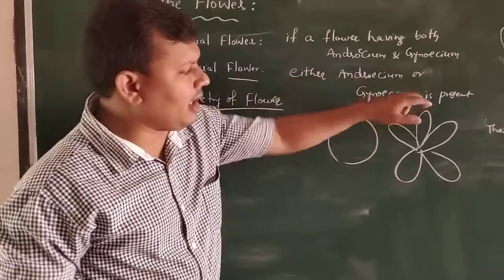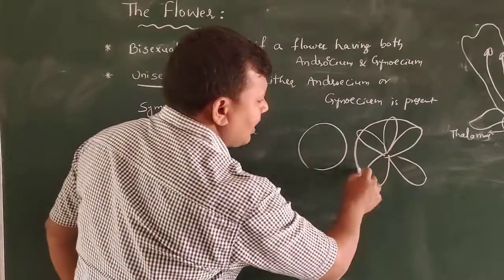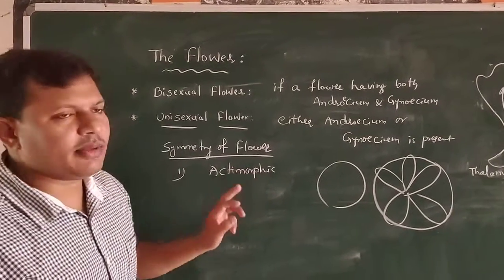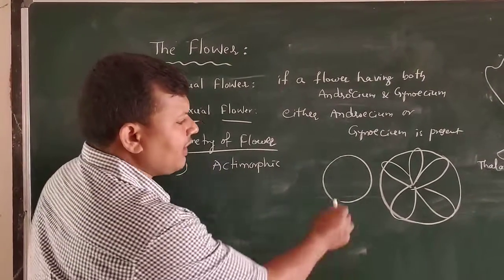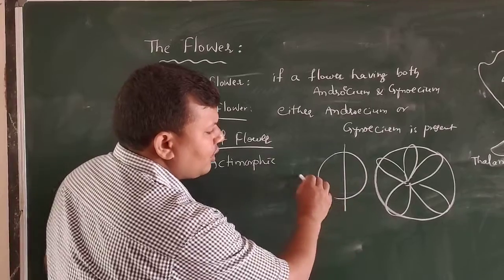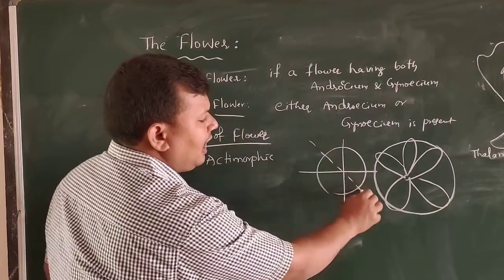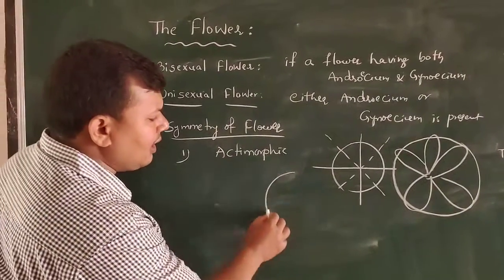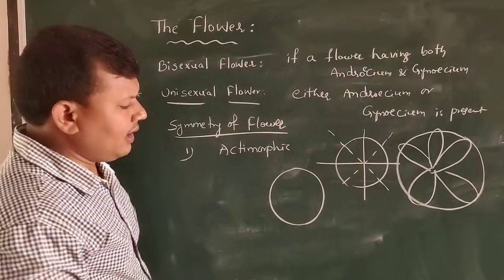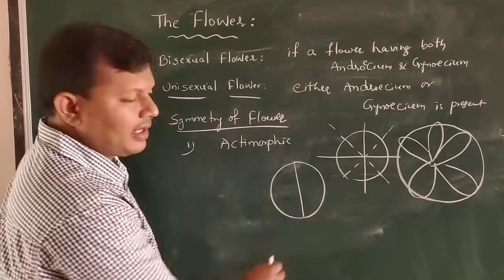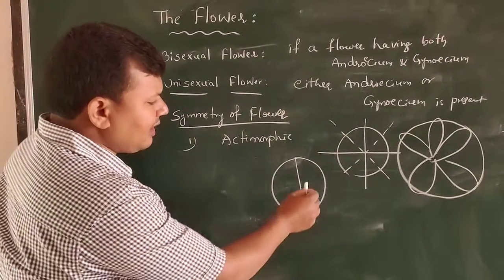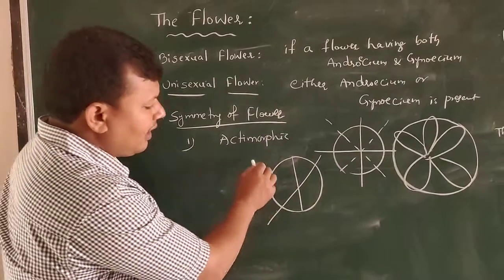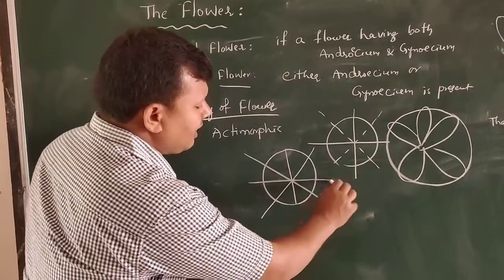So actinomorphic means a flower can be cut into two equal parts from any plane. Here, this is a flower top view. This can be cut into two equal parts from this plane, and also from this line, and this line, and this line.